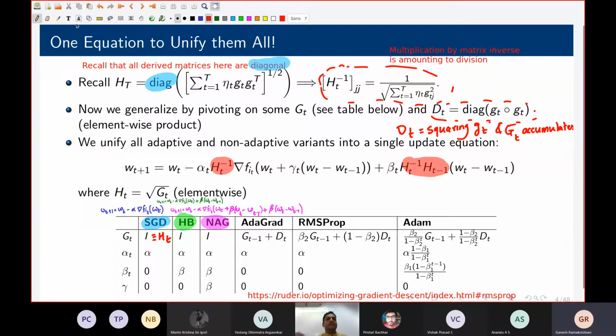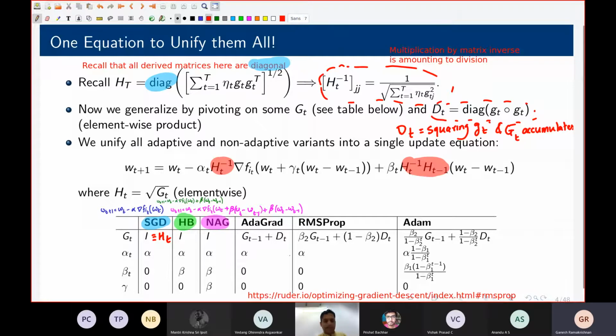Basically what we are trying to do is align momentum largely with just the previous updates. We don't want a curvature, a rotation to be effective. Therefore, HT inverse into HT minus 1. Basically, think of it as HT inverse into HT. So it's the previous version, HT minus 1. This is like discounting for anything other than momentum. We discussed this in the last class, but you get the explicit effect of GT through HT inverse in this part. That's the adaptation.